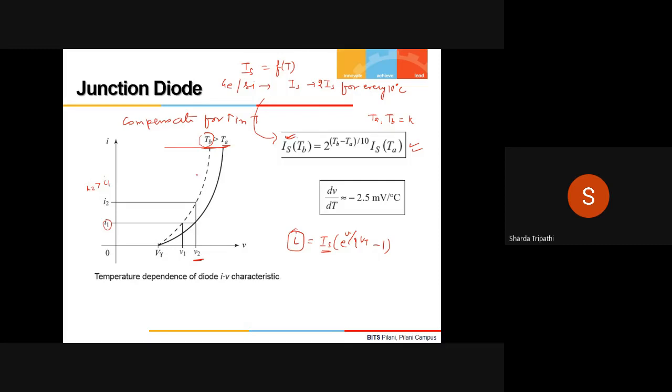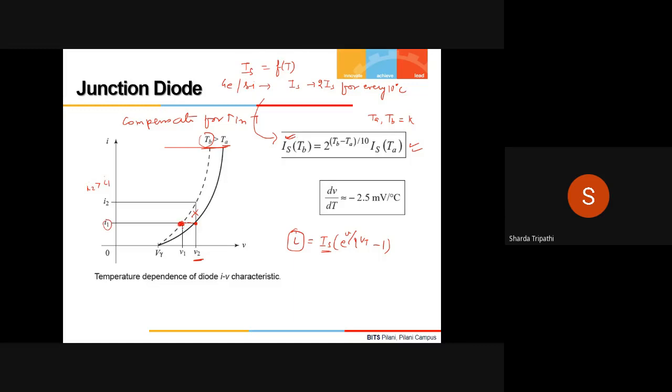So how can we do that? Just look over here in this plot. We see that at voltage V2, the current was I1 at temperature Ta. But if I increase the temperature to Tb, the current increased to some value which I do not want. So in order to maintain the current constant, I see where this intersects with the shaded line.